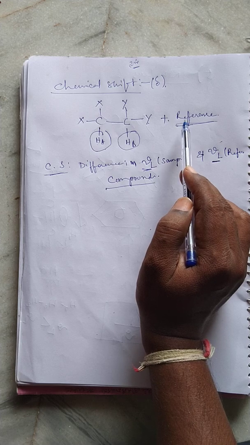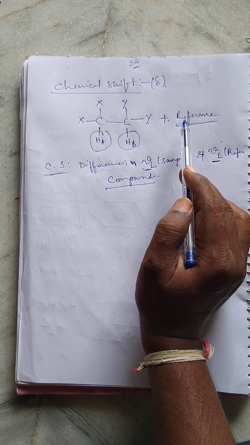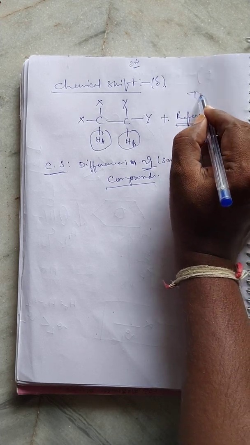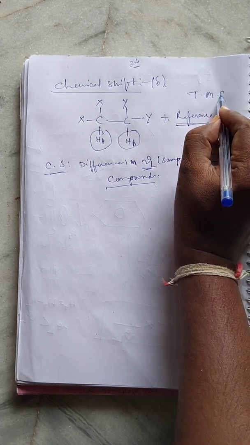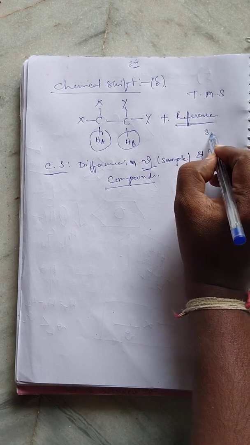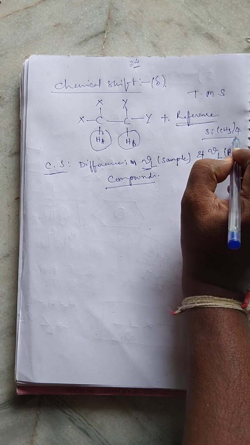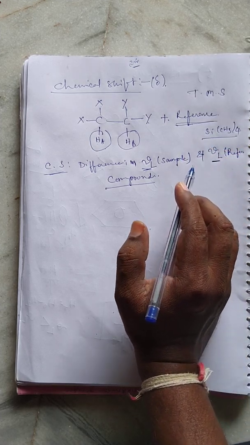Generally in 99% of proton NMR spectroscopy we use TMS, tetramethylsilane, right?